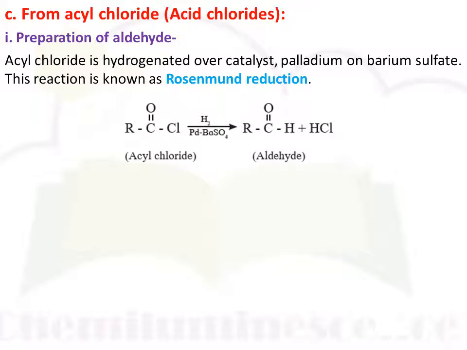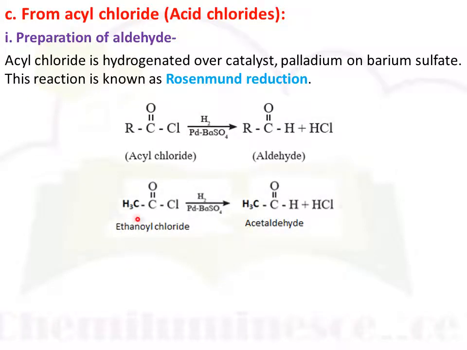Let's see an example of this reaction. When ethanoyl chloride is used as a reactant, on Rosenmund reduction it forms acetaldehyde as a product and HCl as a byproduct. Here you can see only the chlorine is replaced by hydrogen, and the other hydrogen combines with chlorine and forms HCl as a product.